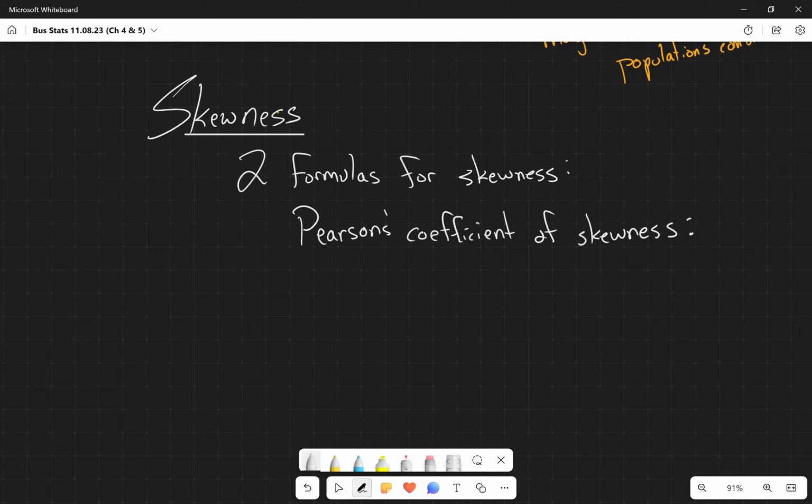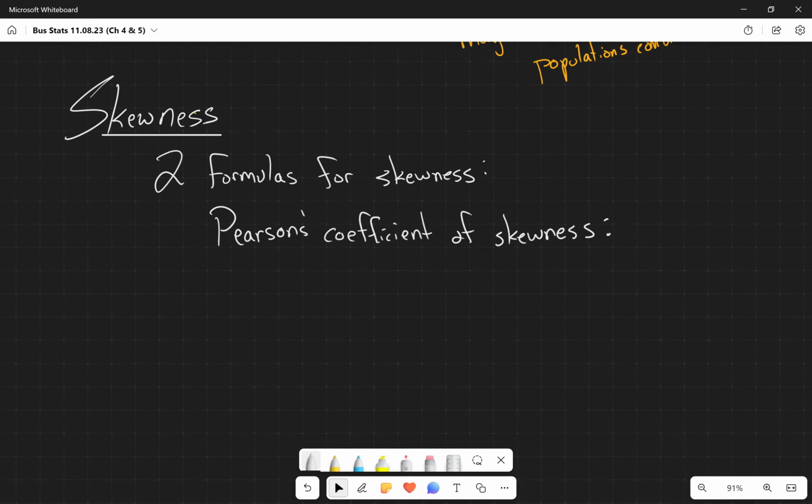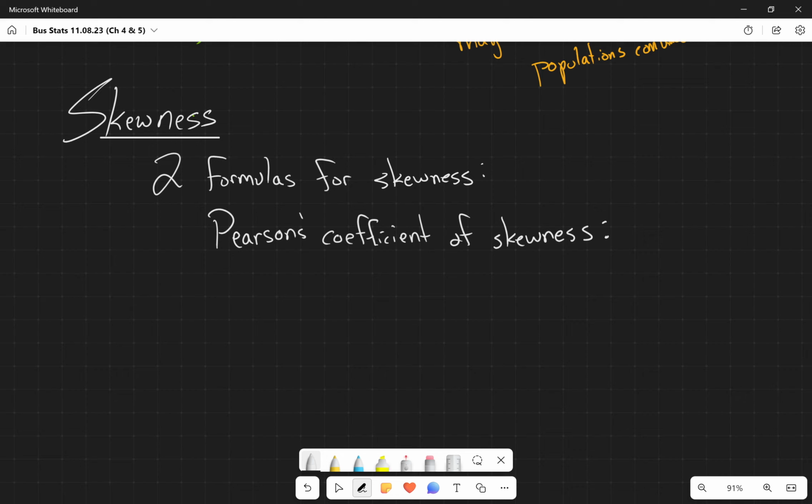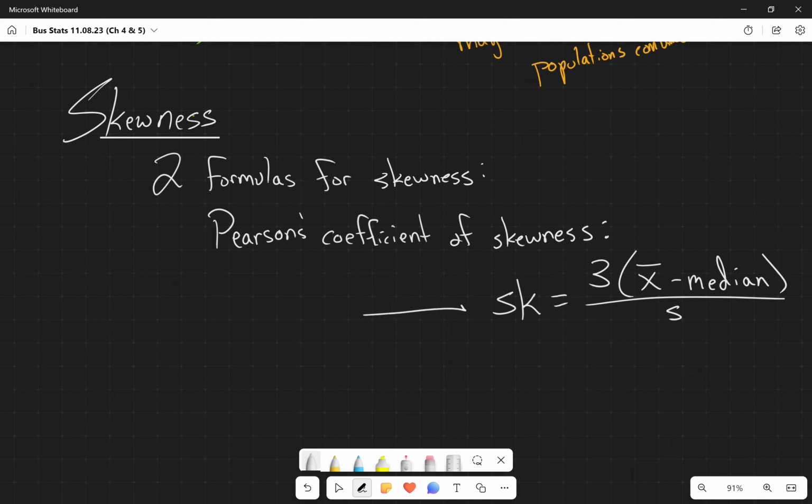This is the one you are oftentimes going to want to use because it's easier. Skewness, SK, is equal to 3 times the sample average minus the median, all over my sample standard deviation. This is our simplest formula.